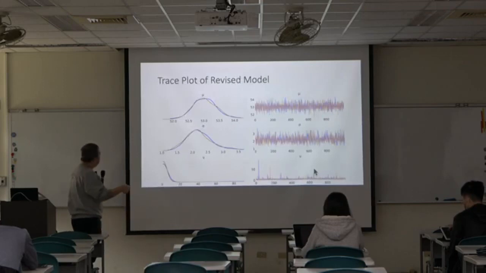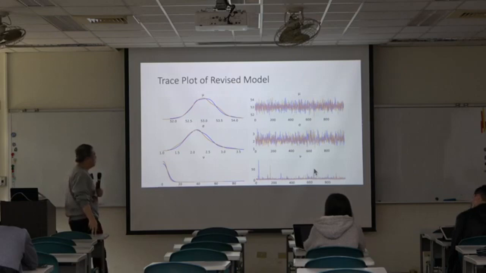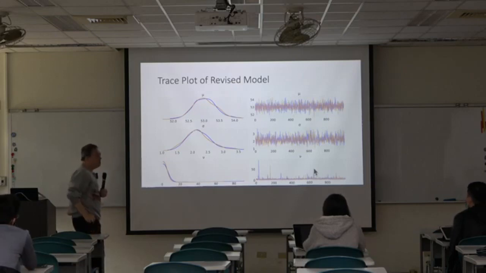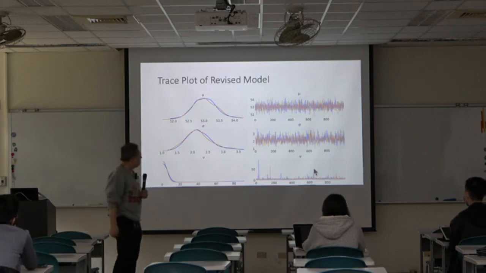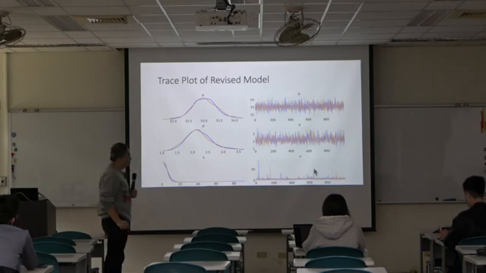You can see the mu and the sigma are really not too far away from the previous example, because they represent the mean and the standard deviation, kind of, as I said earlier.